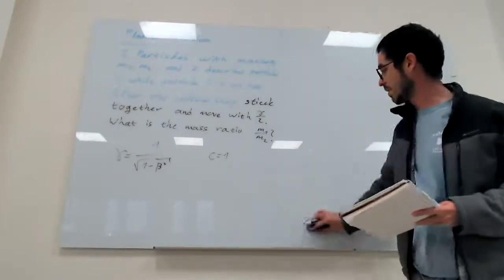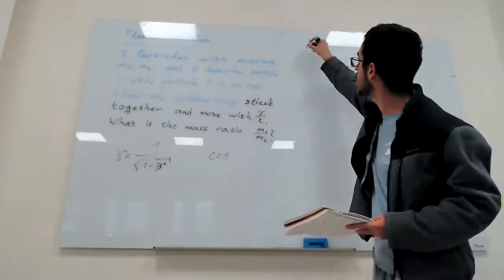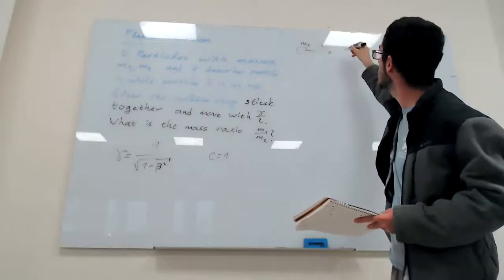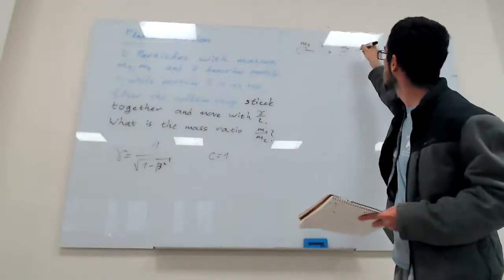Just to describe what's going on here, we have particle M1 moving with gamma, and particle M2. They collide.